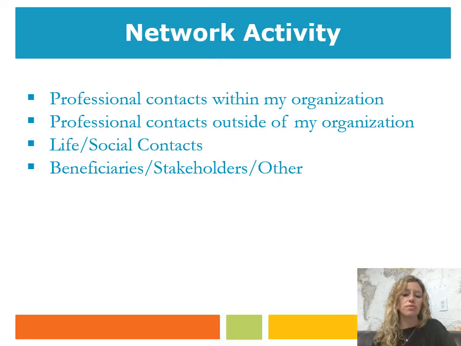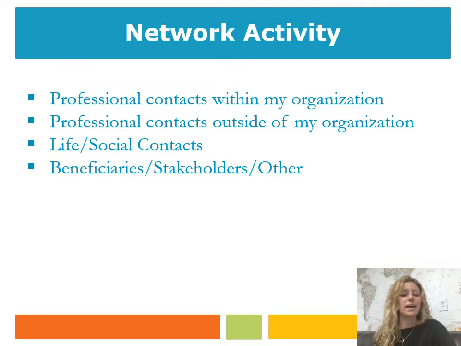Next are your life and social contacts. This is anyone who's really important in your life, but not a professional contact. This could be a person who you have a trusting relationship with, can depend on for support and advice, such as your closest friends, your closest relationship with your religious institution perhaps, a significant other, or so on.